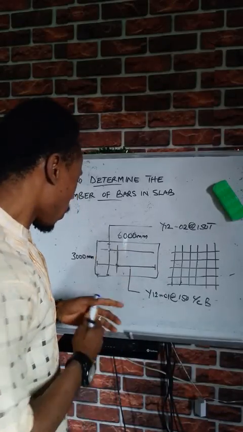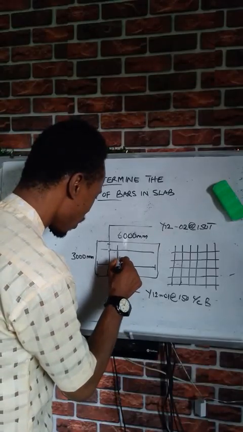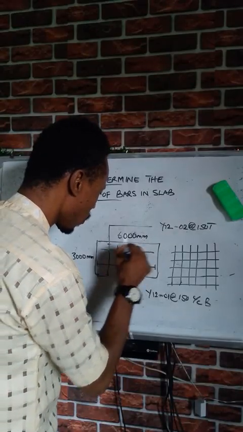Let's say this is A, this is B reinforcement.